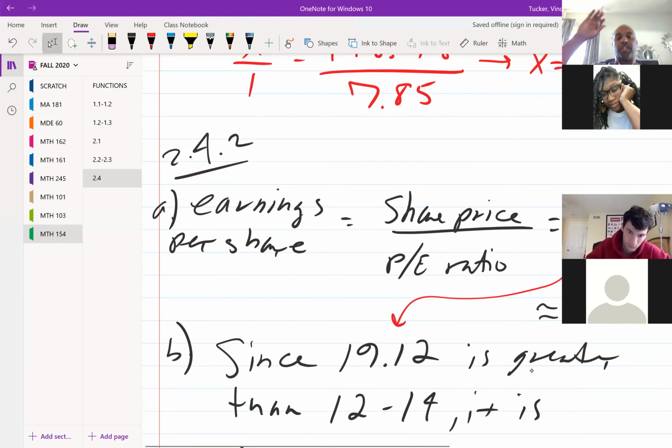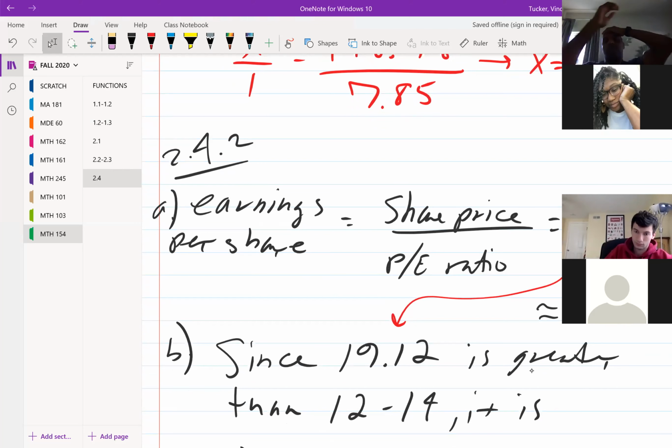Earnings per share, the way we'll calculate is we'll take the share price divided by the PE ratio. In mine, the share price was 54.12 and the PE ratio was 19.12. So divide those out, that'll give you your earnings per share, 2.85.